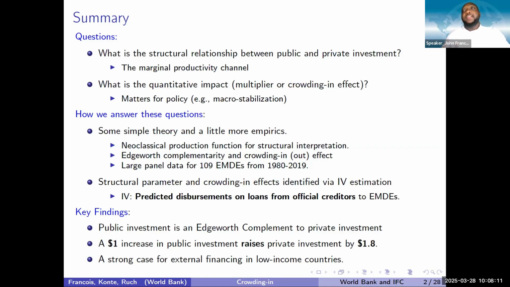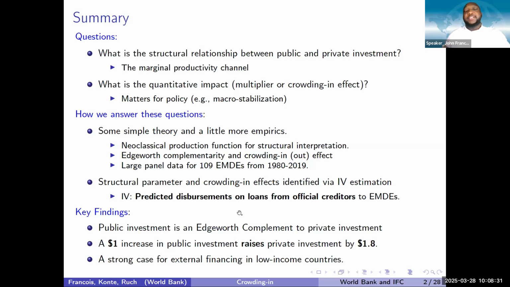Quantitatively, we find that an additional dollar increase in public investment financed by an increase in external finance raises private investment by $1.8, so it raises it by more than $1.